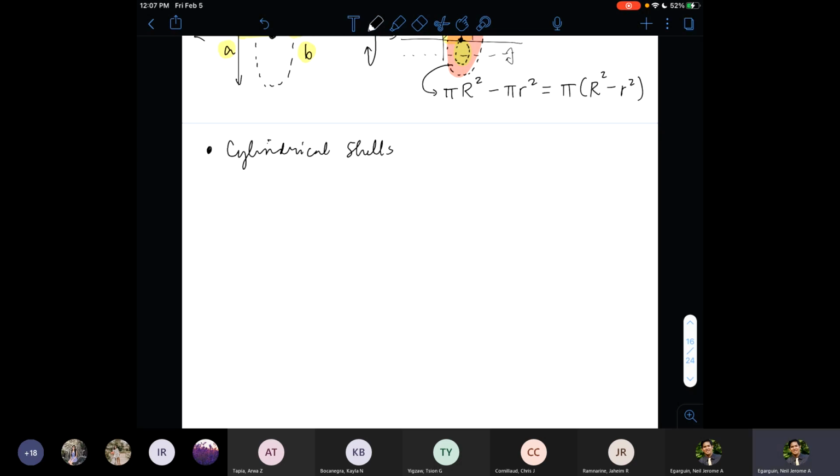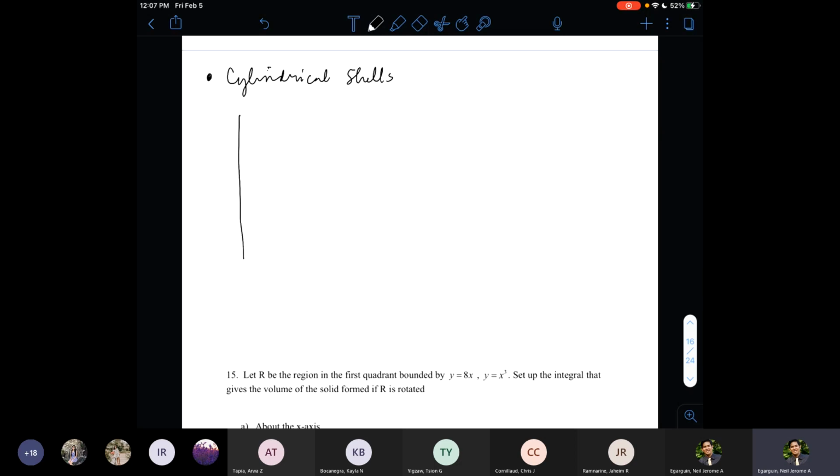Okay, cylindrical shells. So basically here, suppose I have this shaded region over here, and I want to revolve it around, say, the y-axis.